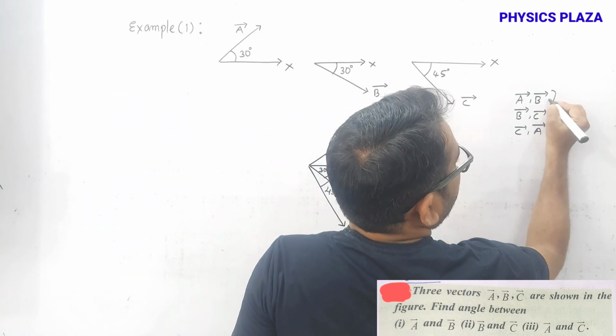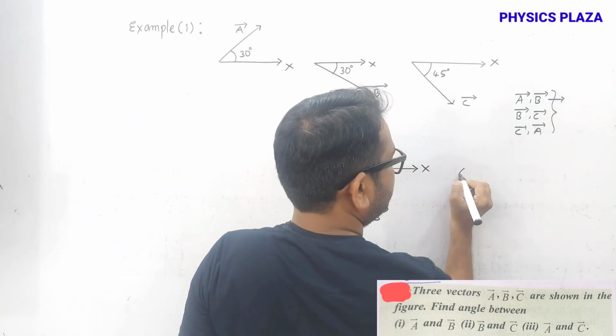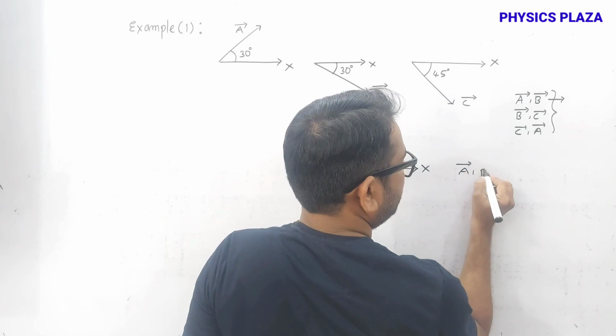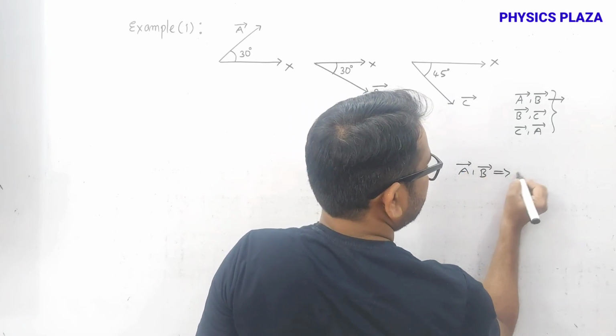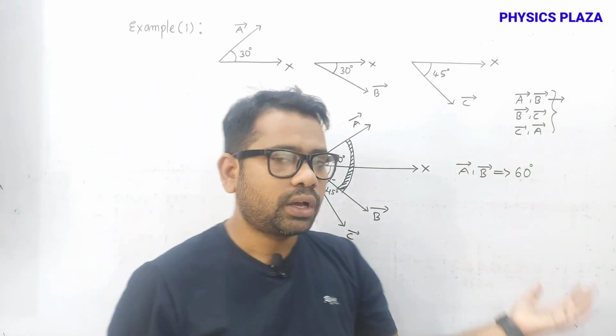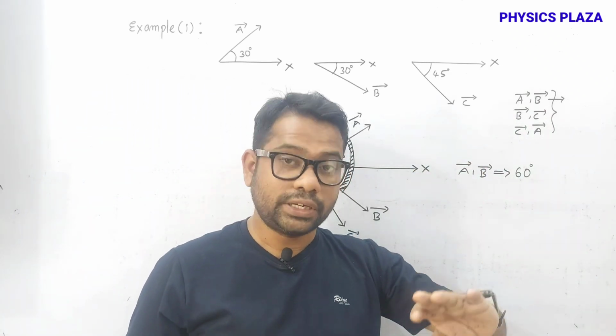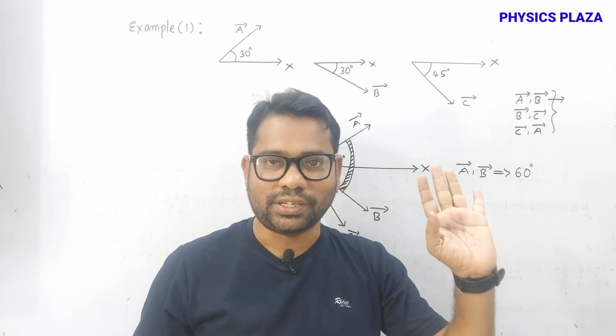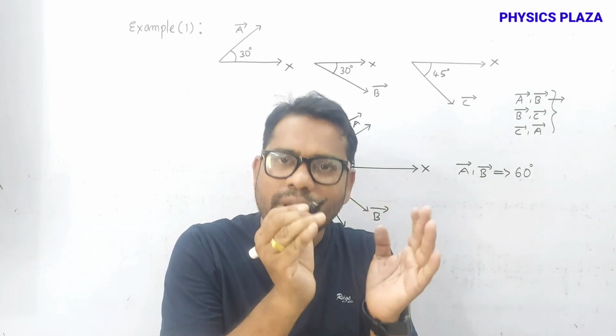So the angle between A and B is 60 degrees. Either you take a clockwise or anti-clockwise direction; based on that it might be plus 60 or minus 60. That's not a matter here, we are just trying to measure the angle.